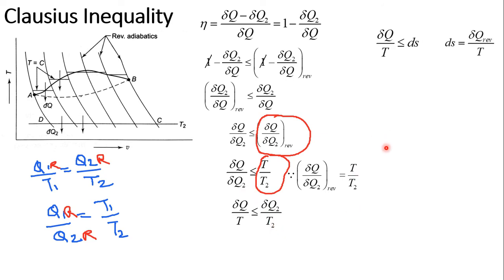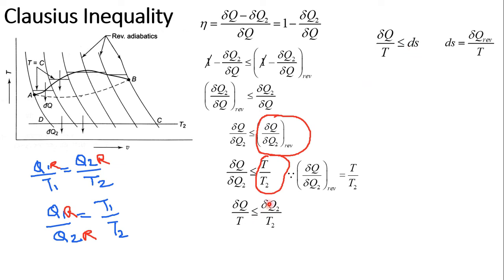Now, what is ds? We have already discussed this. ds is delta Q reversible by T. So we will replace this by ds. Why?